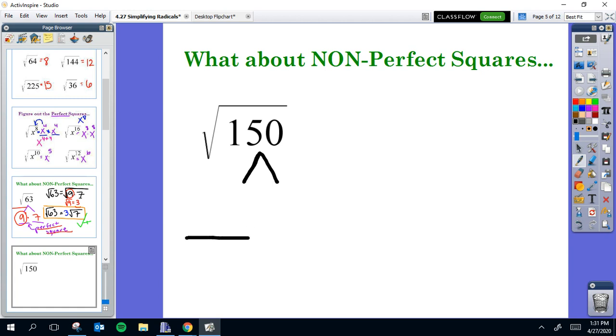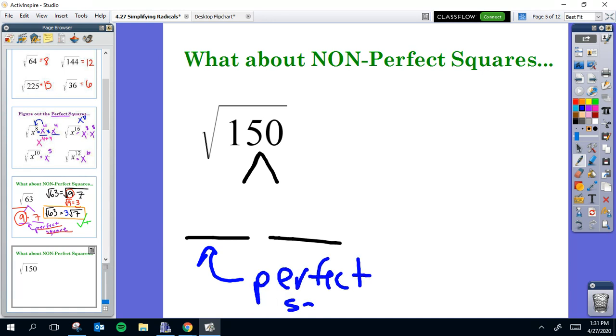So what numbers go into 150, and we're going to try, if we can, to make at least one of them a perfect square. And if you can't do that on the first try, that's fine. Well, I know 25 is a perfect square, and 25 times what is 150? 6.